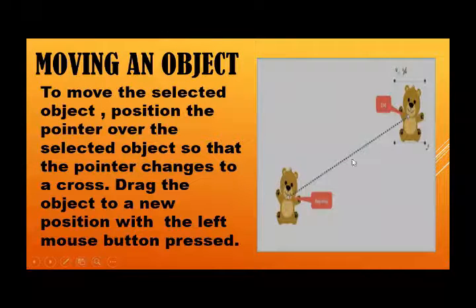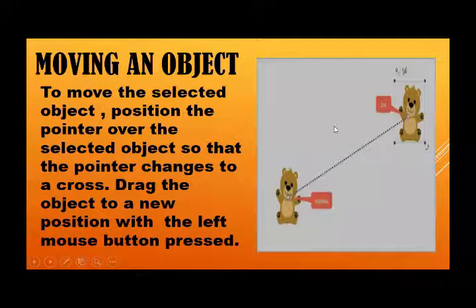If you observe this picture, you understand how we will move the object from one place to another on the same stage, not on another stage or from another drive. To move the selected object, position the pointer over the selected object so the pointer changes to a cross.